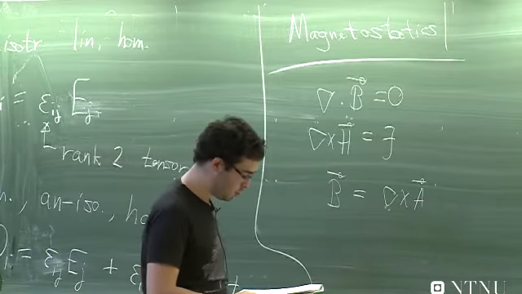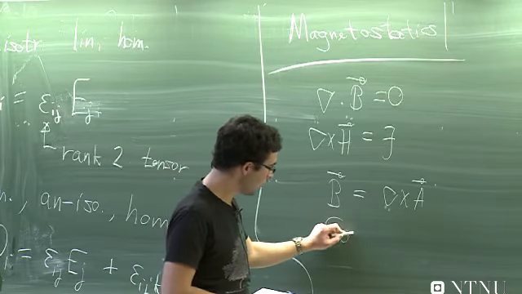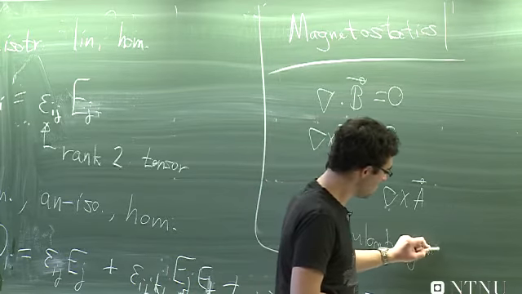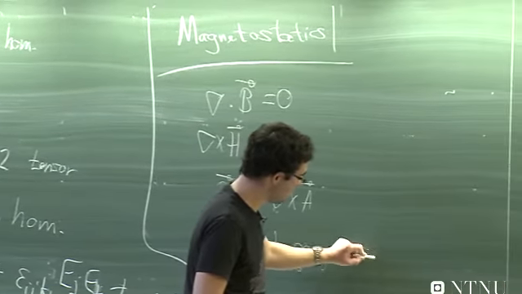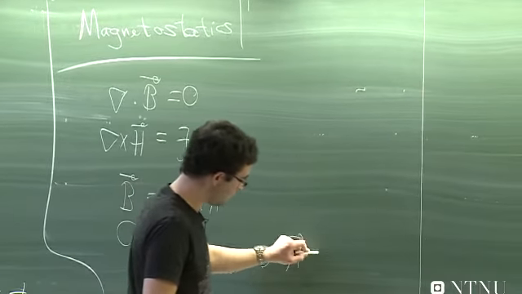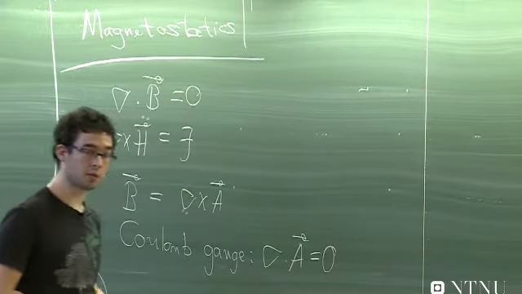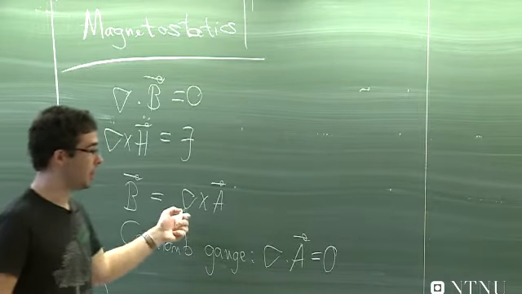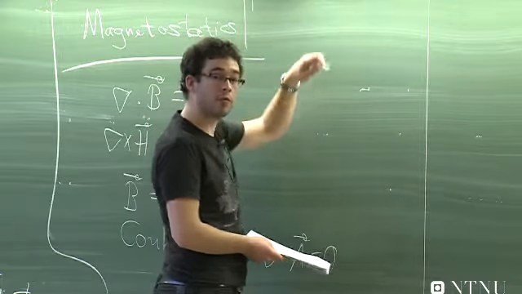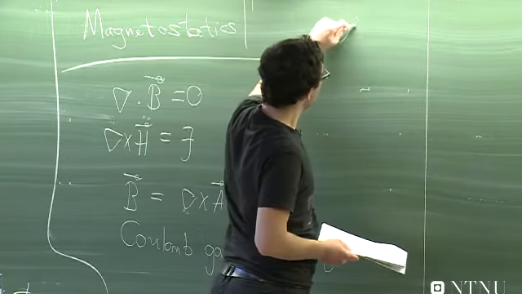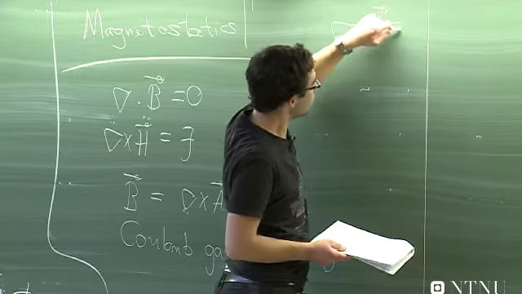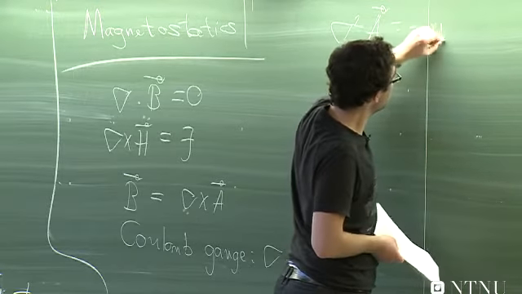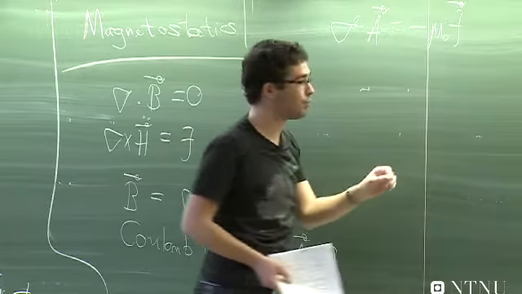Now if we choose the Coulomb gauge, that the divergence of A is equal to 0, then A simply satisfies the vector Poisson equation. Now the Laplacian of A is equal to minus mu naught times J.